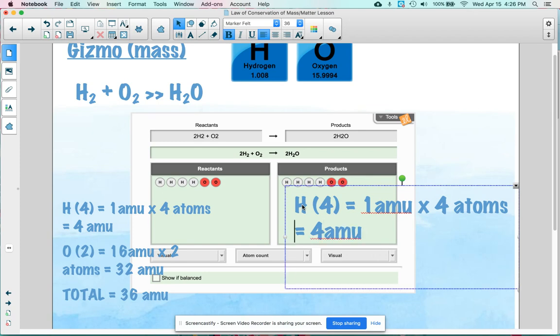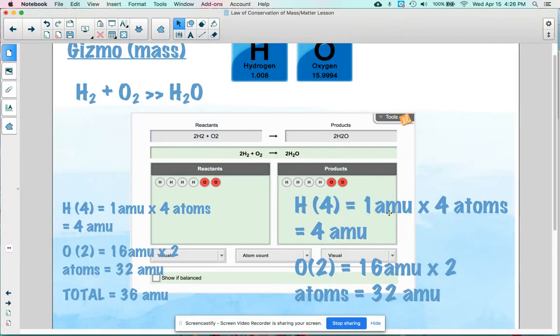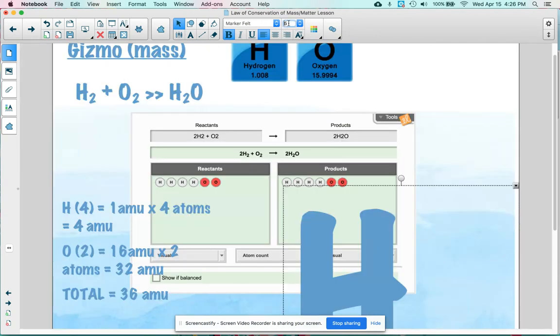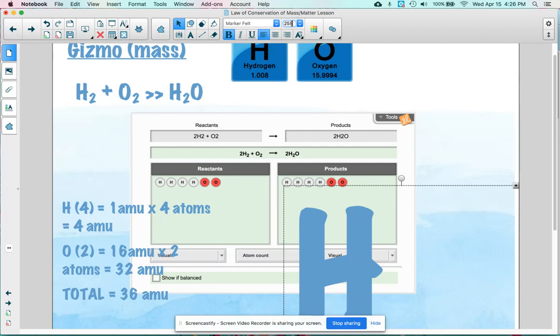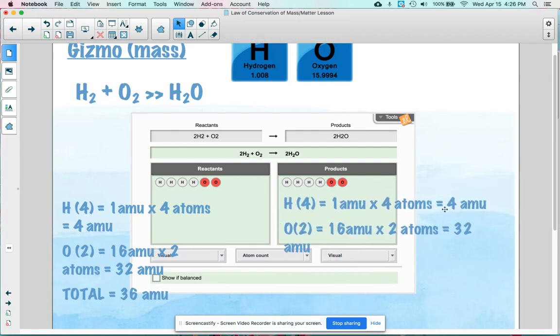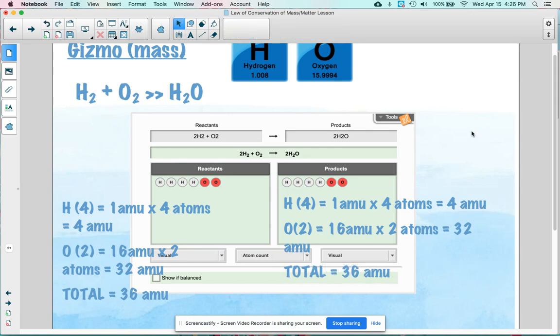And then for oxygen, I have 2 of those, and those are 16 atomic mass units times 2 atoms equals 32 atomic mass units. So on my right side, or my product side, I have the same exact thing, which means my total is also going to be 36 atomic mass units.